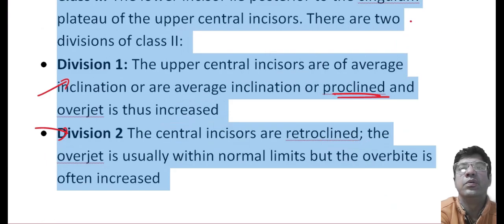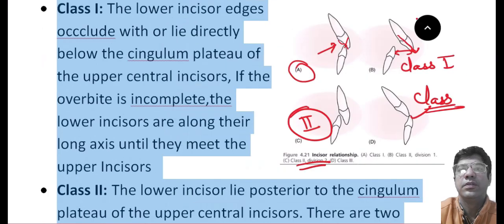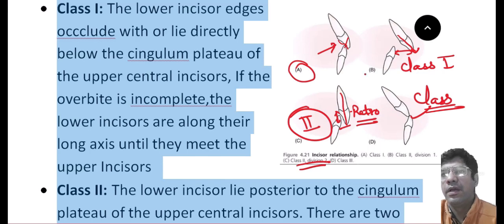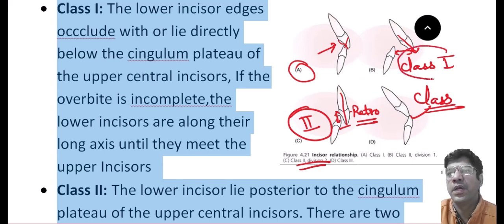Whereas in division 2, the central incisors are retro-inclined. So the overjet is within the normal limit, and the overbite is increased. So overbite would be increased and overjet would be normal. The upper central incisors here would be retro-inclined, whereas they are pro-inclined here.